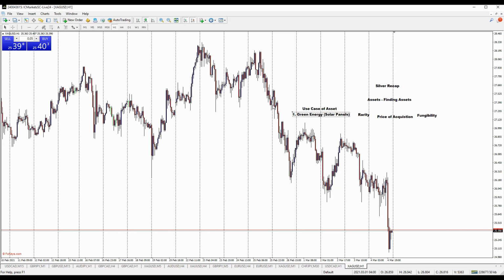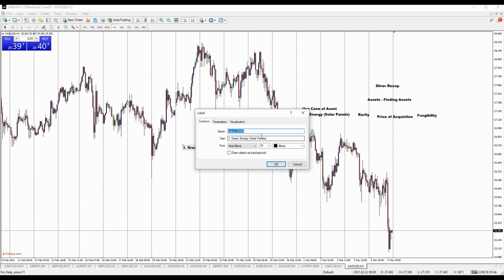One of the key signs, and I'm going to put a tip here for you guys. I always love to share, so I think it's right for me to say this from the get-go. Tip: always look for an asset that is heavily instrumental in an emerging market.